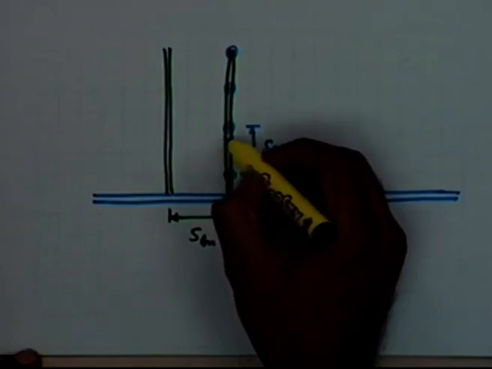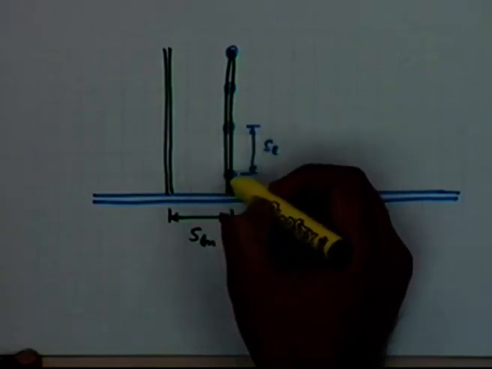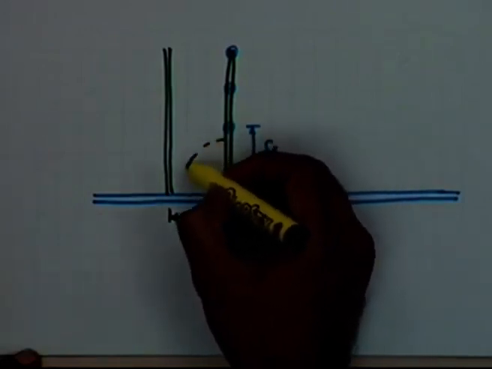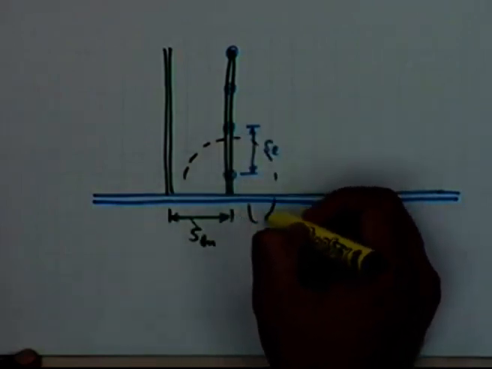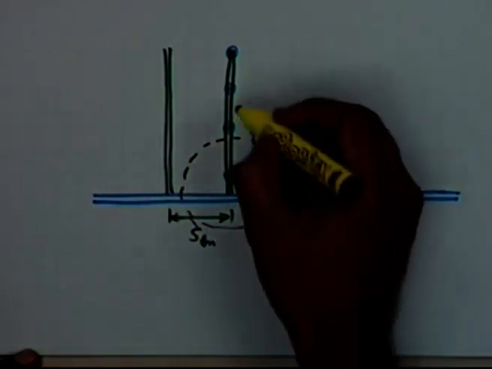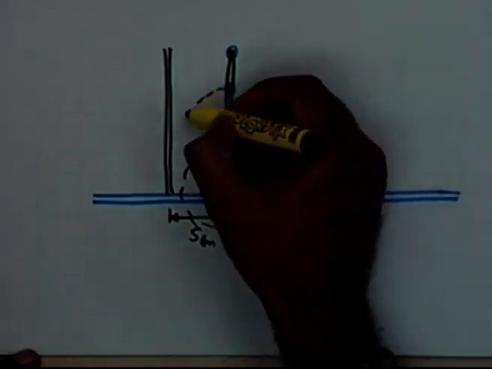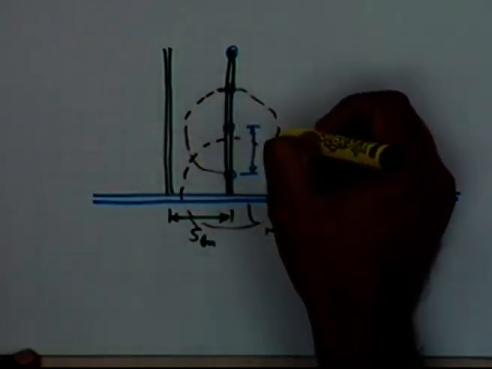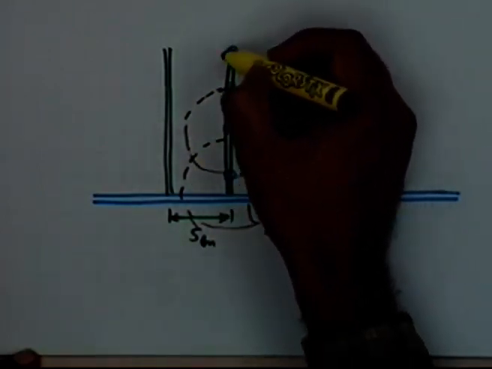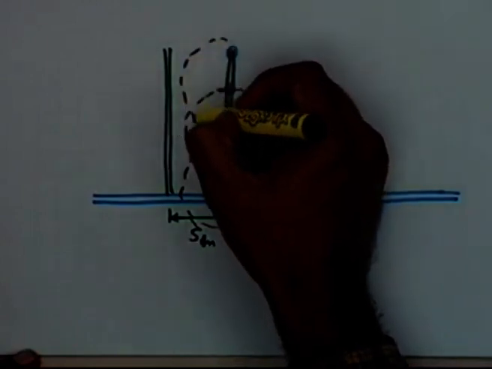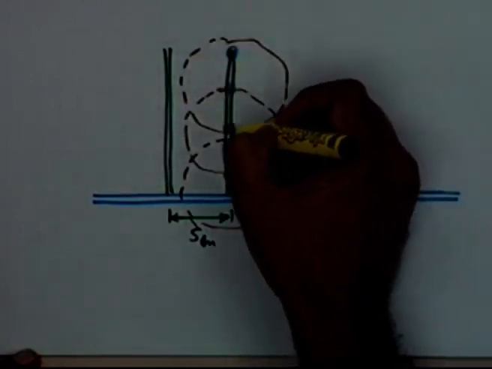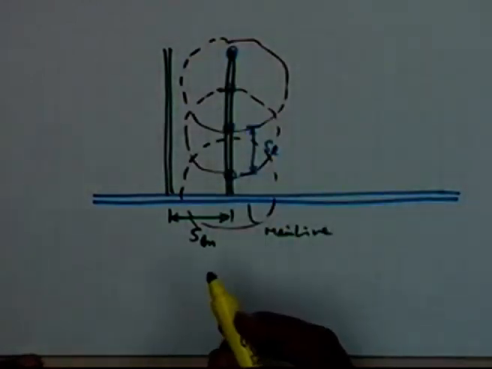Suppose the individual influence area of the sprinkler head is something like this, then this will have its own influence area. And similarly the next one. Each one has its own influence area.